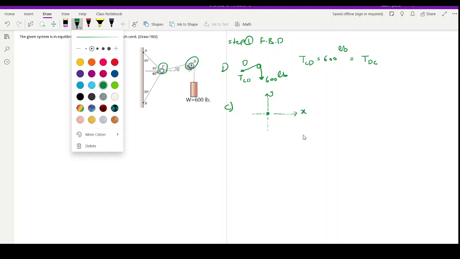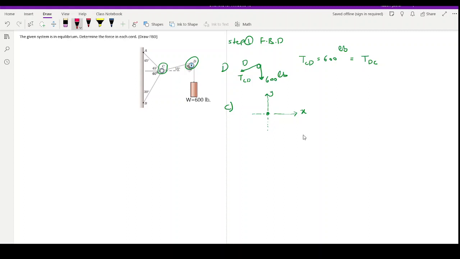I use red color to show the forces. So I have force TCD, or TDC, in here. I will come back and add the angles. You have to show the angles because you will need them for your calculations.